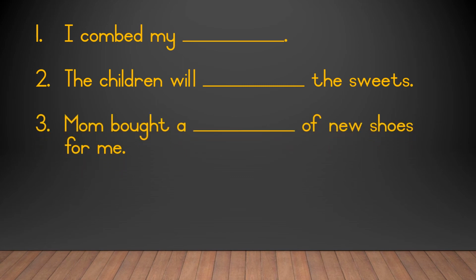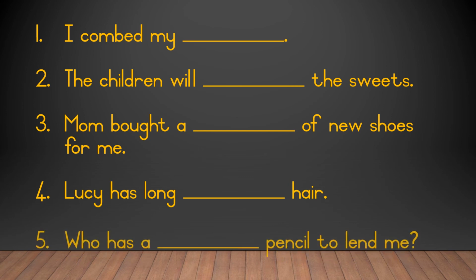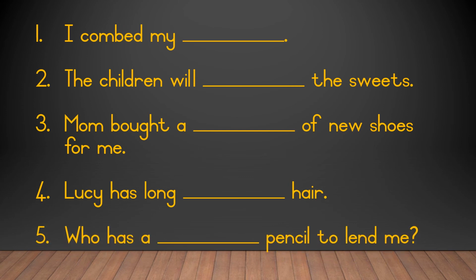Number 3, Mum bought a what of new shoes for me? Number 4, Lucy has long what hair? Number 5, who has a what pencil to lend me? Now I want you to pause the video, go back to those words, go fill in the right words, and then you come back and look what the answers were.